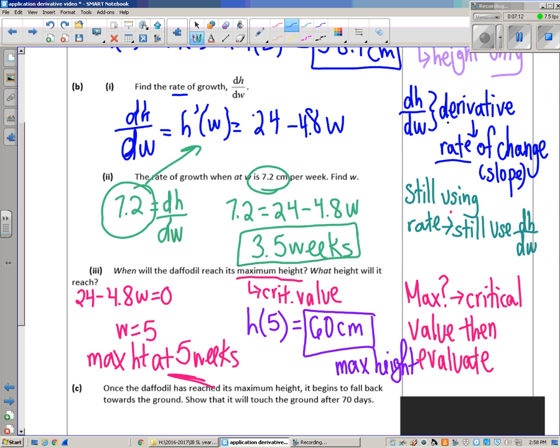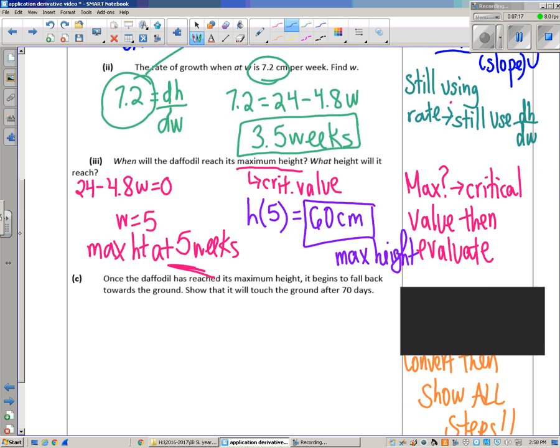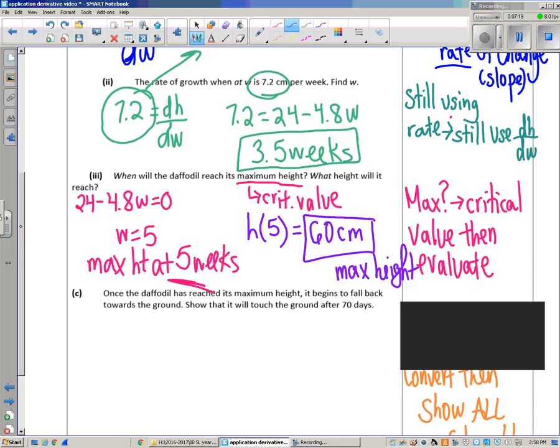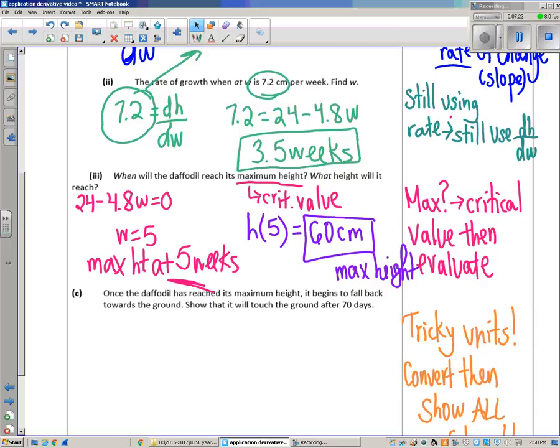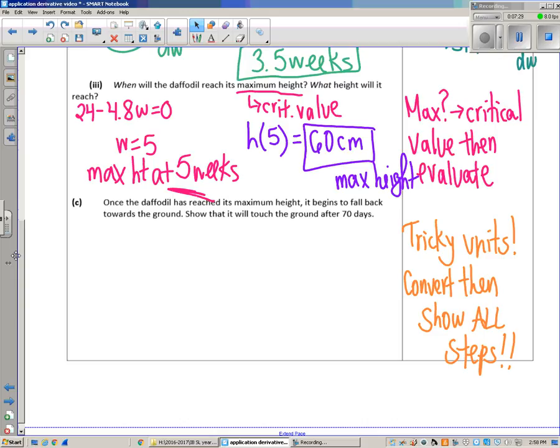We're almost there. There's one more part of the question that they're asking us, and they're saying once the daffodil has reached its maximum height, it begins to fall back towards the ground. Show that it will touch the ground after 70 days. So this one's a little tricky because it's to show that, so that does require us to do a little bit more work than we are used to doing.